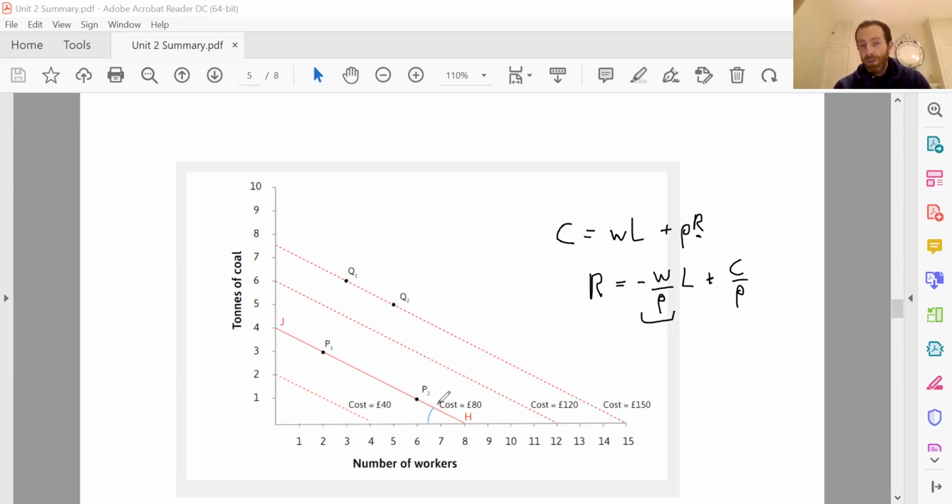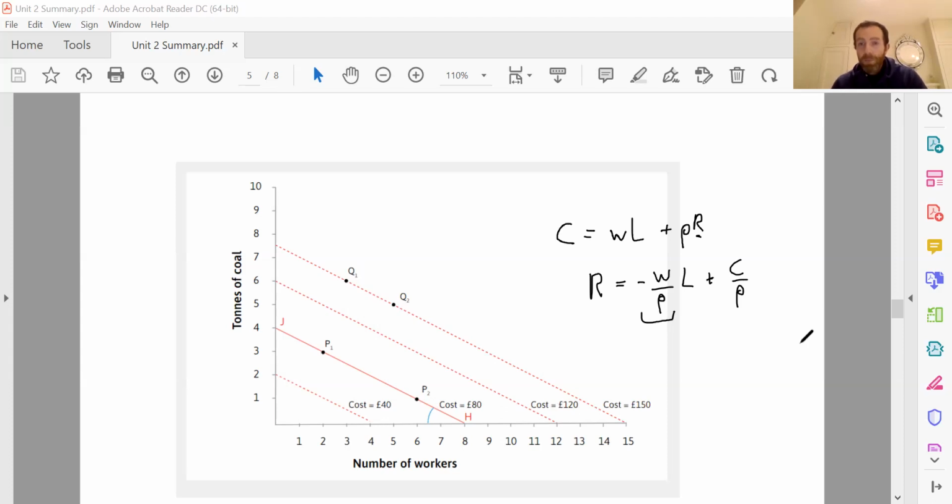And what we mean by isocost is that if I pick one particular line, every combination of coal and workers on this line will cost the same amount, right? So this one, you can see the cost is £80. So in the equation here, C would be 80, and there's a particular value of W and P where every possible combination of R and L will add up to £80.